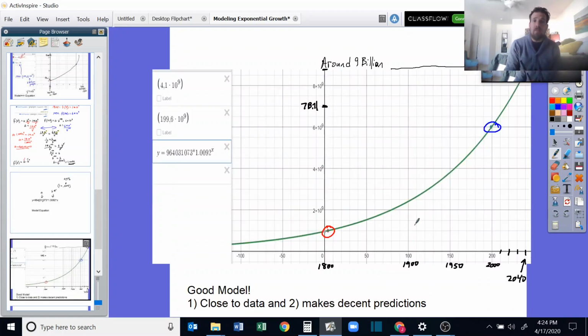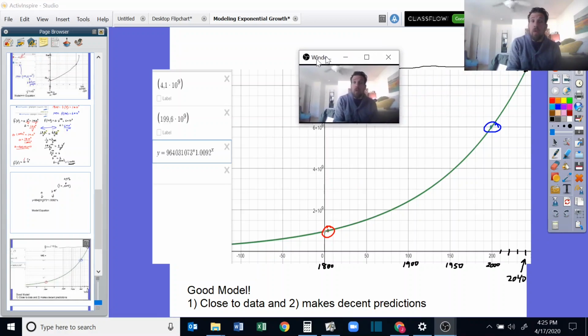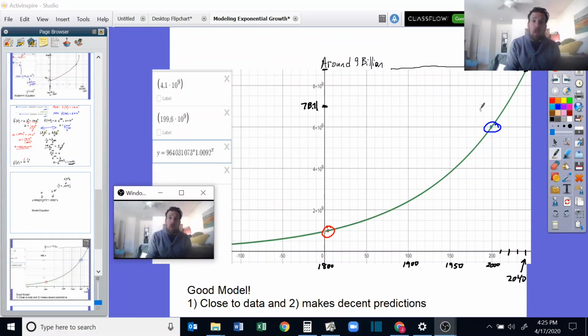And when I actually type that into Desmos, it tells me that it's a pretty good model. One of the things that I want you to understand is, how do we know when it's a pretty good model? Well, when I put that equation in, first of all, it hits my two data points that I was aiming at. So it certainly is a good model for those two data points.